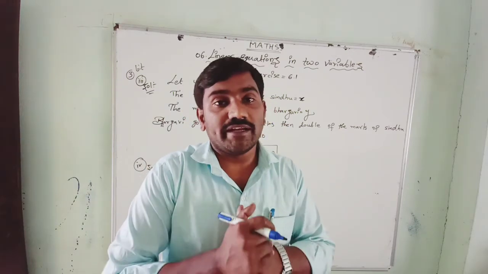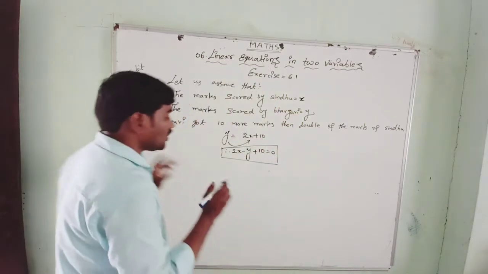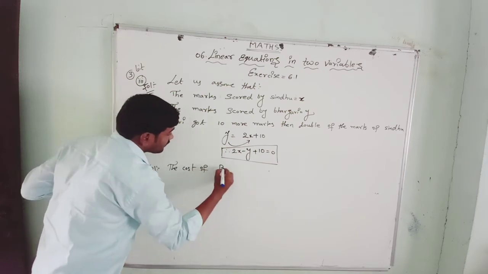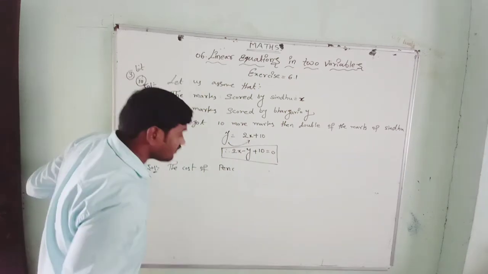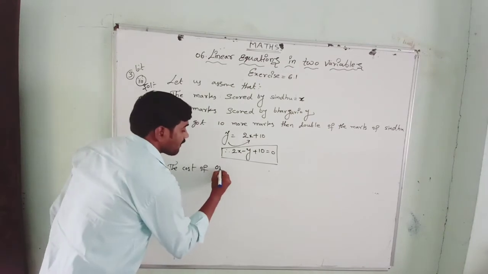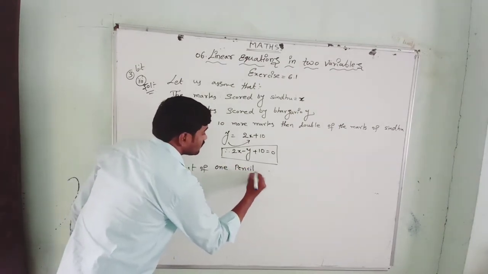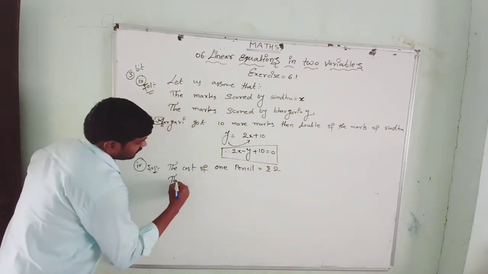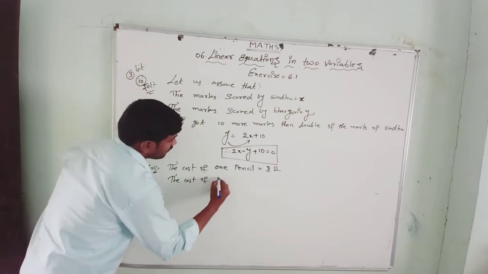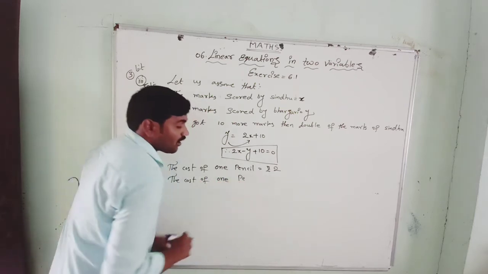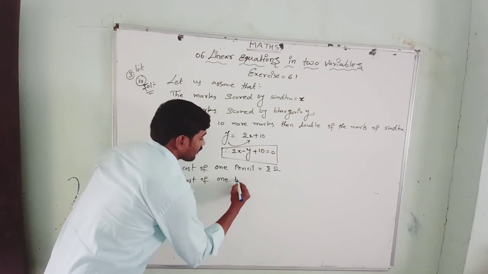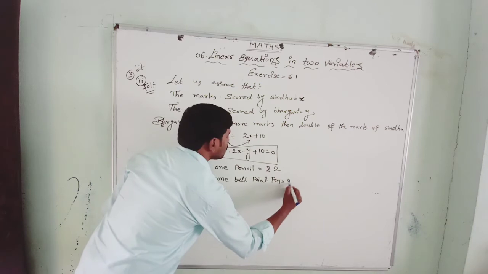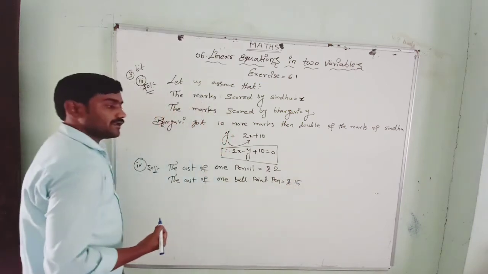Okay, with this we have to make it. Here he has clearly given the cost of one pencil, the cost of one pencil is rupees 2, and the cost of one ballpoint pen is equal to rupees 15.